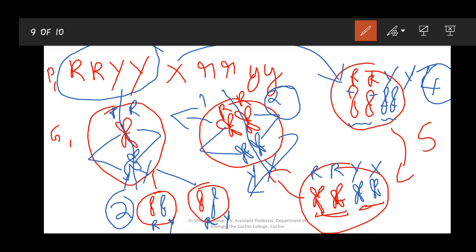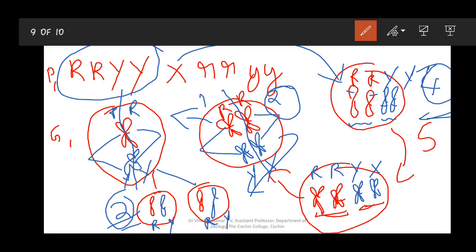Here the cell was having 4 chromosomes, and at the end of meiosis it is having 2 chromosomes, half the number. So a single gamete will contain half the number of chromosomes. Is that clear? That is a very important takeaway point here. When we consider 2 characters, every gamete should have those 2 characters.